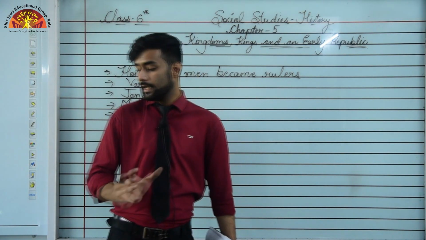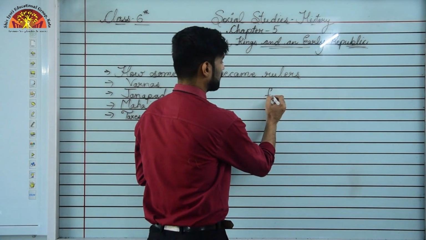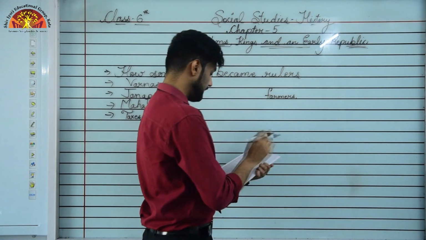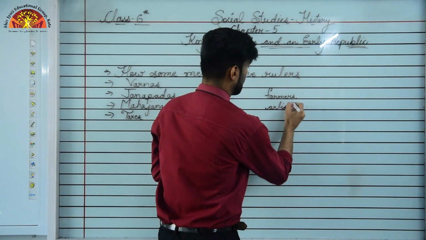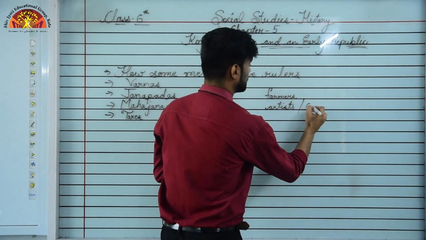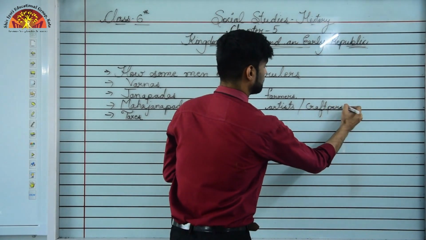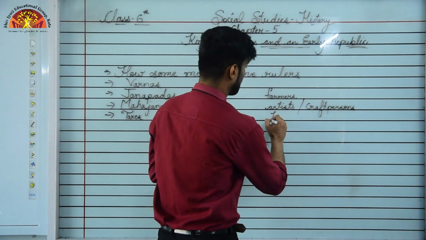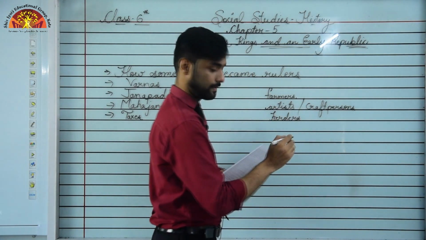So you can see the king is taking taxes from farmers, okay? He's taking them from the artists or craft persons, okay? Then from herders, people who are rearing animals, growing cattle.